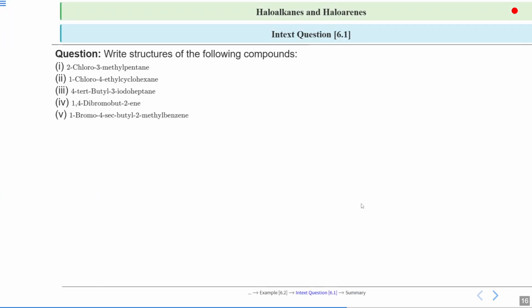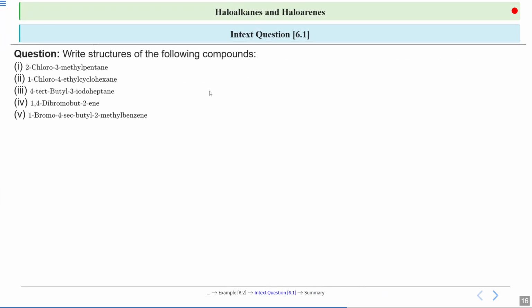Okay, now let's see this intext question. Let's solve intext question 6.1. The question is, write the structures of the following compounds. The compounds are given as first, second, third, fourth and fifth: 2-chloro-3-methylpentane, 1-chloro-4-ethylcyclohexane, 4-tertiary butyl-3-iodoheptane, 1,4-dibromobut-2-ene, or 1-bromo-4-secondary butyl-2-methylbenzene.